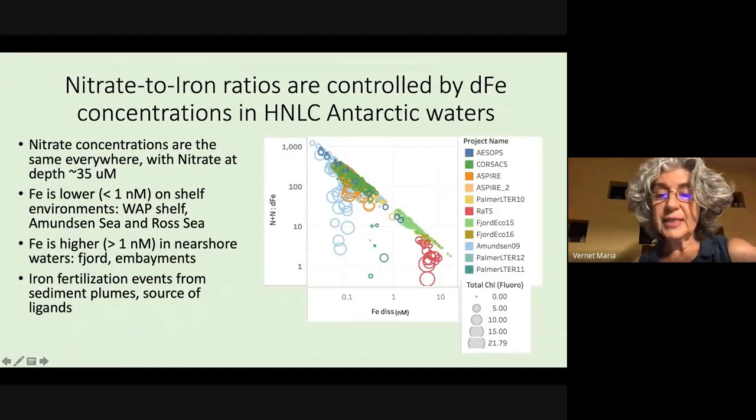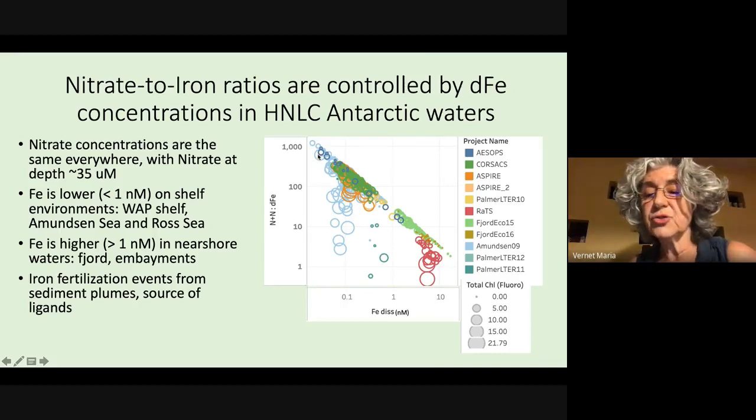If we plot the same ratio in the log scale on the y-axis against iron concentrations, we see that all these ratios fall within a line. That means that the iron concentration in the water column is the driver for this ratio. And there are some interesting features here. One is that although most of the points are along the line, there are some exceptions.